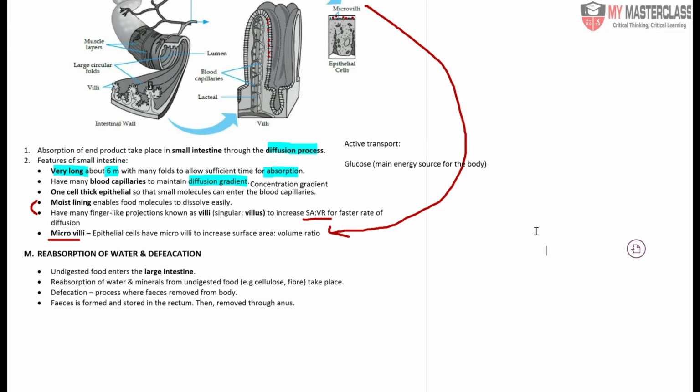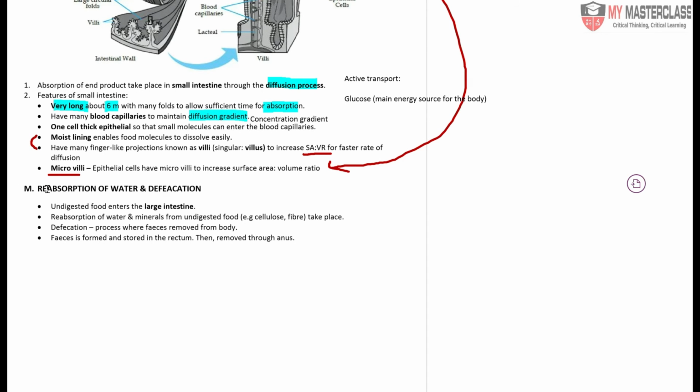Now, the last part of this topic is where your water is being reabsorbed. Imagine you are drinking about 3-4 liters a day over 24 hours, of course not the entire amount in one shot. Some of this water will be reabsorbed because it is required by the body. Whatever is not reabsorbed will then enter the large intestines.